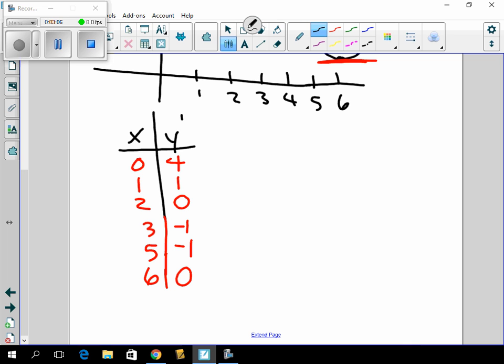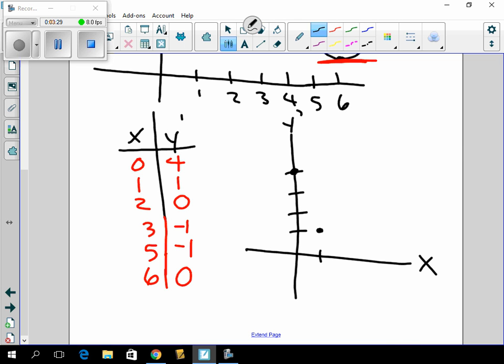Then I'm going to take this information and graph it. So again, let's write down our axes: x and y prime, our slope. At 0, my slope was 4. So that's my first point I'm going to plot. At 1, my slope was 1.